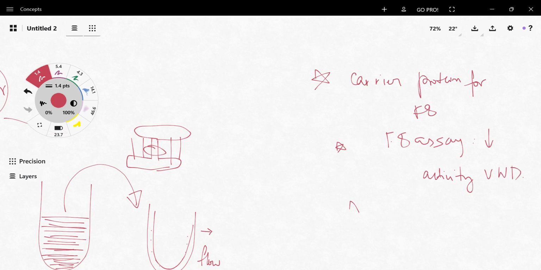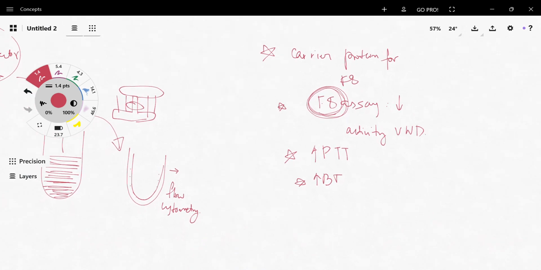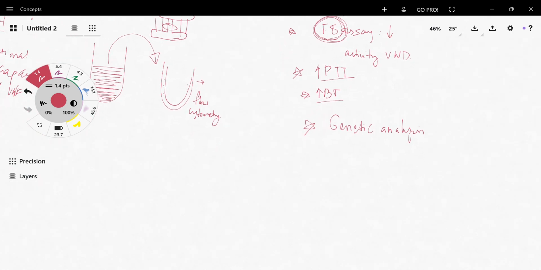And also there's going to be elevation of PTT because of the decrease in activity of factor 8. There's going to be increased bleeding time because you're taking longer to form the hemostatic plug. The last test that you can do is a genetic analysis to come to a diagnosis of von Willebrand's disease, right?